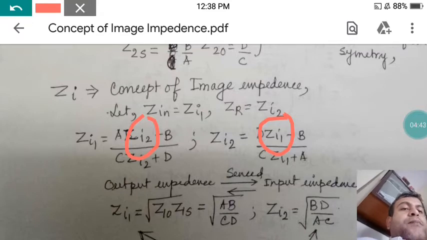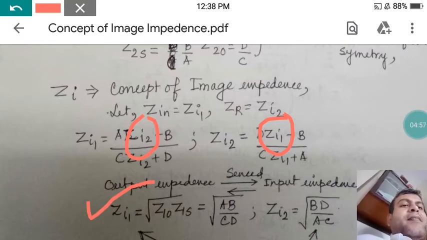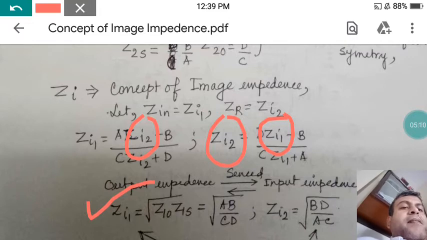How to get that? Here Zi2 and Zi1 are the image impedances. It can be written that Zi1 equals the square root of Z10 into Z1S. How to get that? You can evaluate it in terms of this: Zi2 is given, so just put Zi2 right here, and A and B can easily be replaced by Z10 and Z1S using the previous equation.